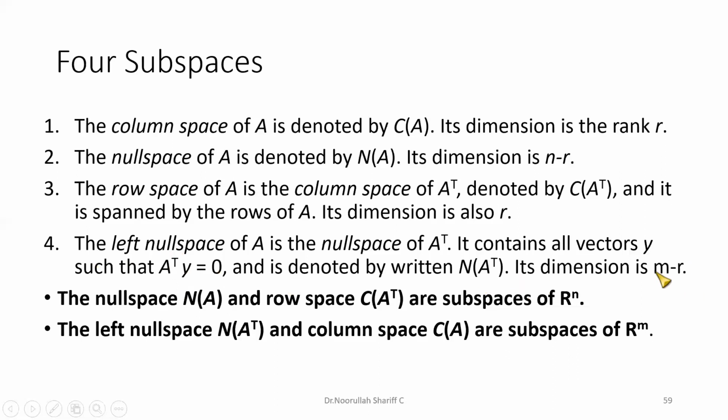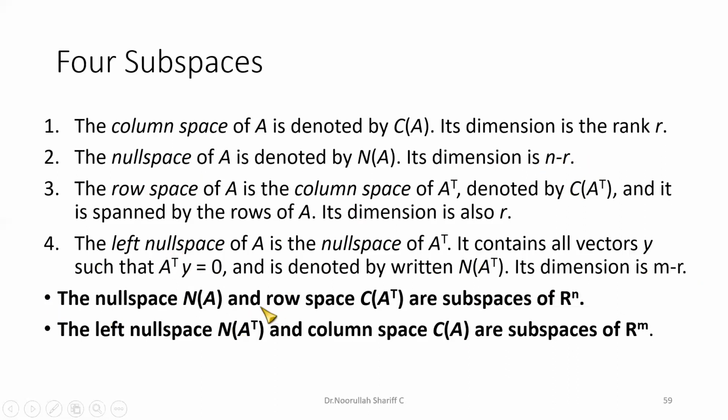Its dimension is m minus r. Once we take the transpose of A, the number of rows and the number of columns get exchanged, and hence the dimension turns out to be m minus r, compared to the dimension of the null space, which is n minus r.